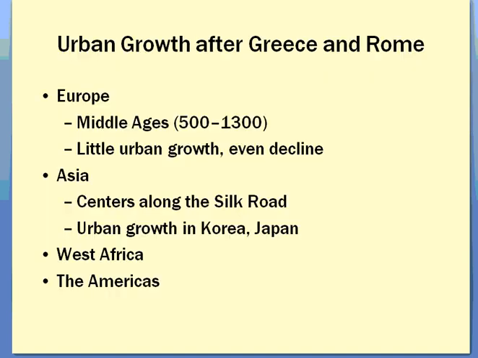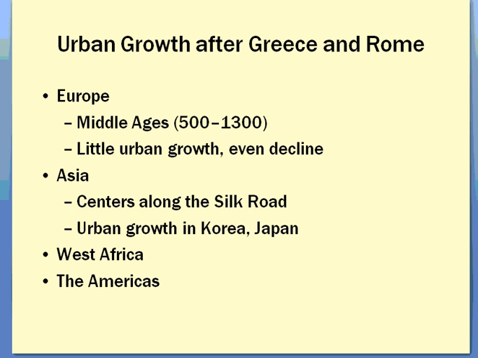And then our last slide for this part one: urban growth after Greece and Rome. Now they established it, and this is how it diffused and continued to spread and grow throughout our civilizations after their dominance in the world. Europe in the Middle Ages actually experienced a decline after the Roman Empire and its urbanization.